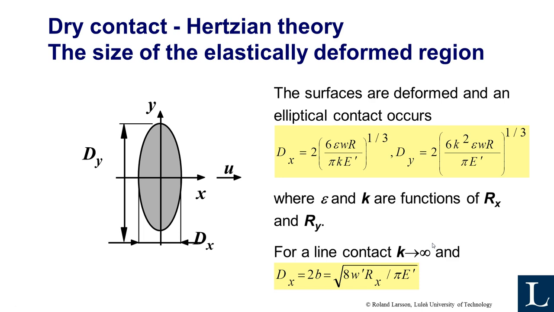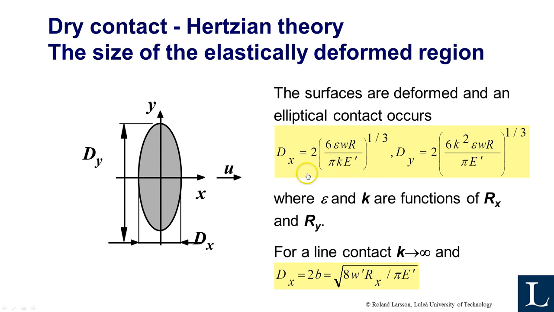In the Hertz theory then, or this kind of simplified version of the Hertz theory, you can compute the size of the contact spot. This is the contact spot, and since in the general case it's two ellipsoids in contact with each other, you have the size dy in the y direction and the size dx in the x direction.